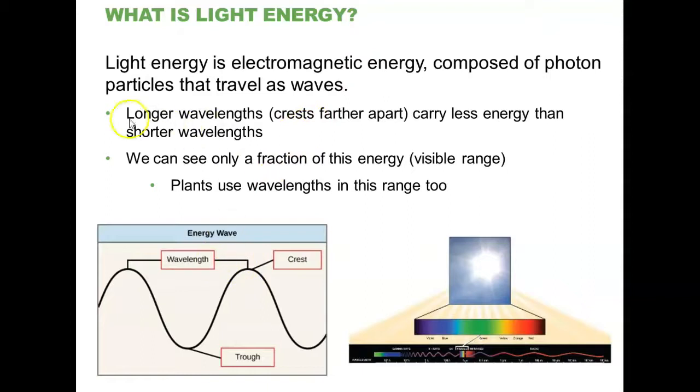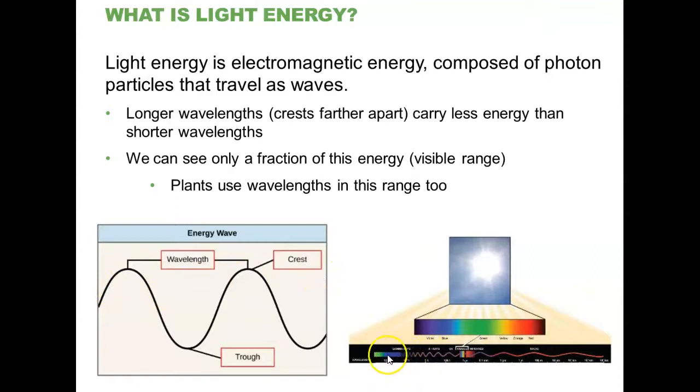All right, red light has very long wavelengths, and that means less peaks going by per second, the equivalent of more time between impacts of a peak of energy right here. Short wavelength radiation has very, very short wavelengths, and since the waves are moving at the same speed in all cases, that means more peaks per second or per microsecond or hour or day or whatever you want to measure, more peaks striking per unit of time, transferring more energy.